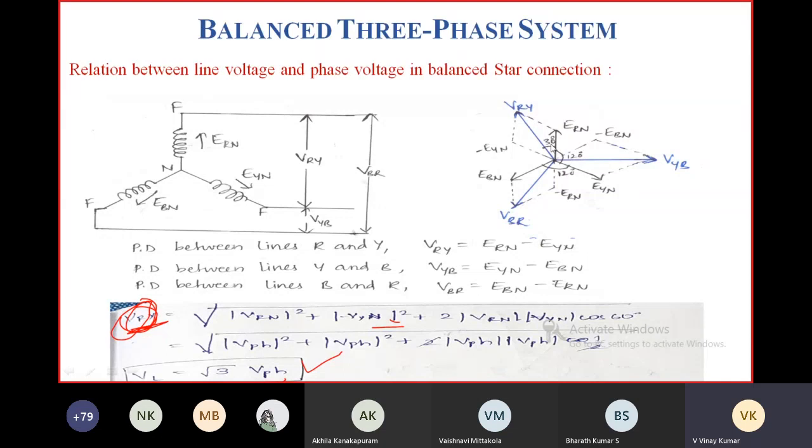It means just adding 30 degrees to the phase angle of phase voltage. VRY, VYB, VBR are all equal in magnitude and displaced by 120 degrees from each other.